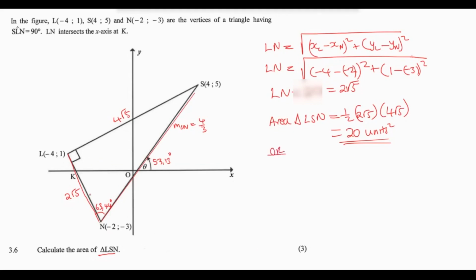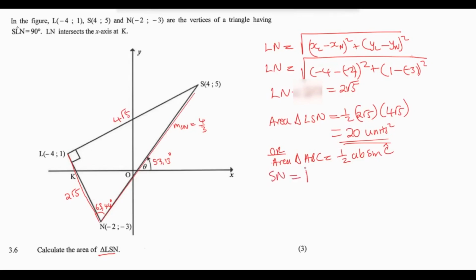Then we can use the area rule. Remember, we usually use triangle ABC: area of triangle ABC is equal to half AB sine C. For an area rule, you must have an included angle: side, angle, side.